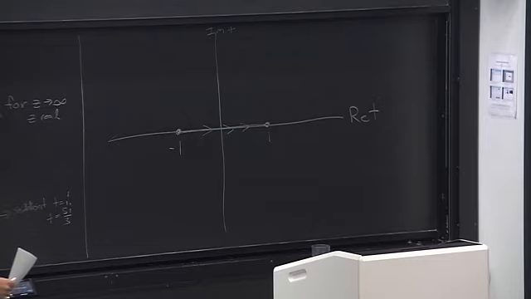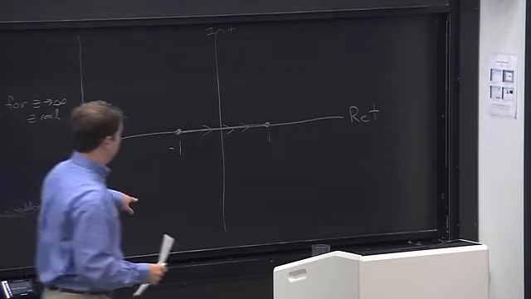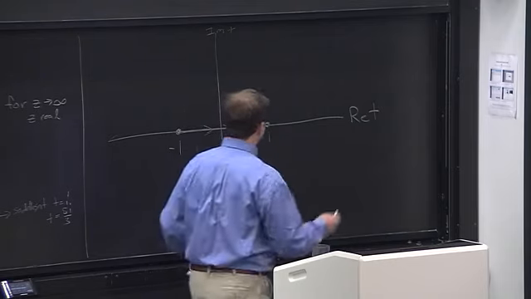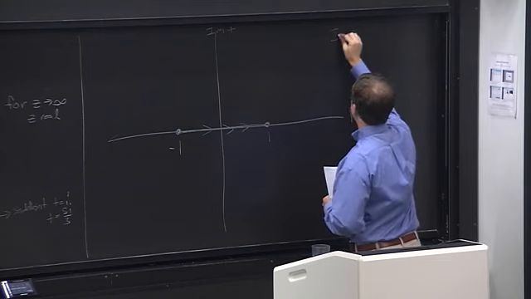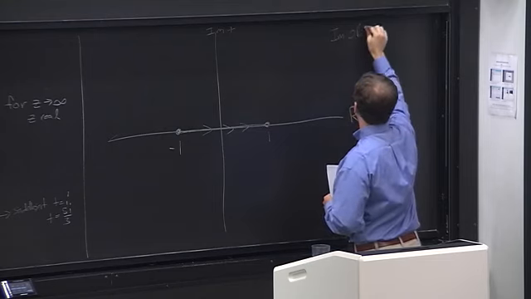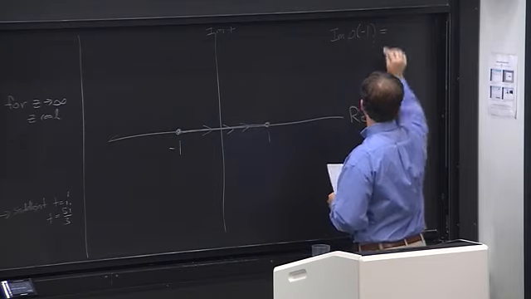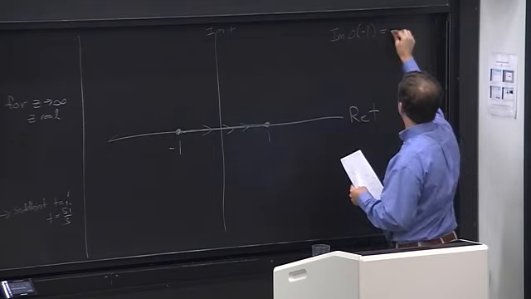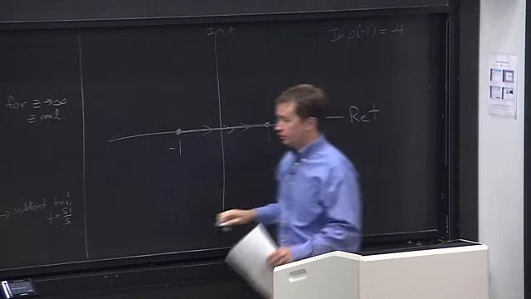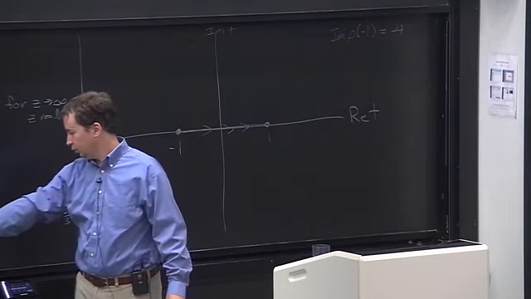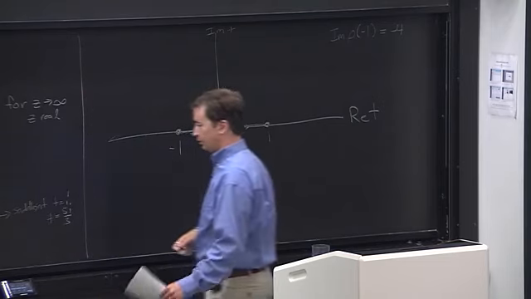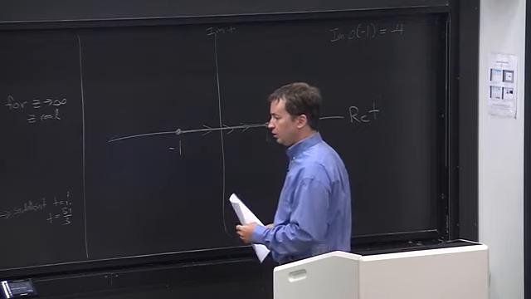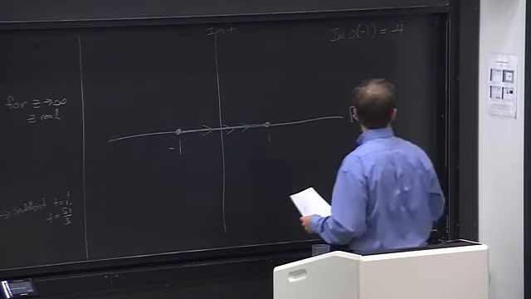But this is not a constant phase contour, which we can see by noting that the imaginary part of rho of -1 is -4. So we just plug in 1 here and take the imaginary part, we get 4 minus 4.